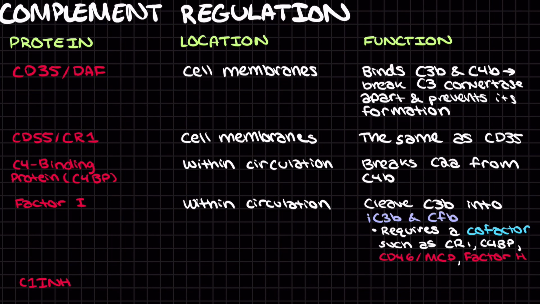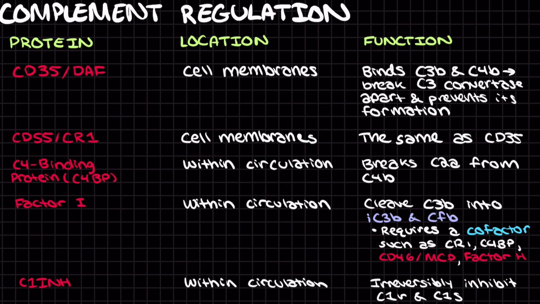C1INH is found within circulation and as the name might suggest, it targets C1. And how it works is that it will irreversibly inhibit C1r and C1s. Recall that these are our proteins that will break C4 and C2 in order for them to bind to form a C3 convertase. So this is effectively preventing the C3 convertase from forming through the classical pathway.